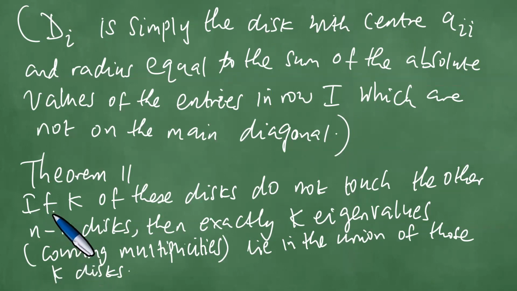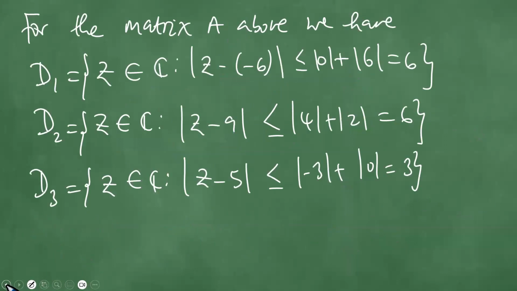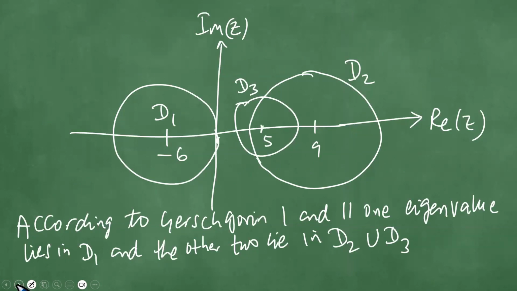This is very important, because it might happen that k of these disks do not touch the other n minus k, because not all the disks touch. So you can see that two of the disks touch, but the others don't.